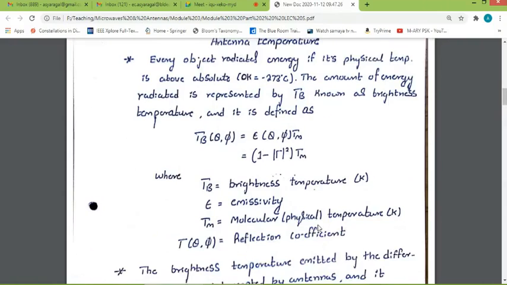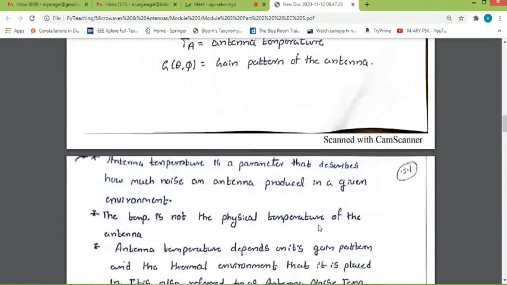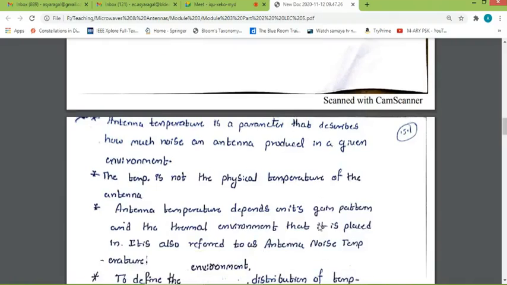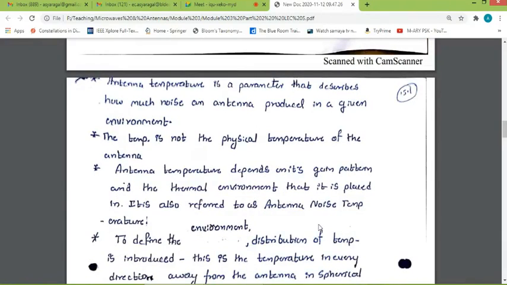Remember, it is how much noise an antenna is going to produce in the given environment. That is our antenna temperature. It depends on the gain pattern and the thermal environment in which it is placed, and it is also referred to as the antenna noise temperature.